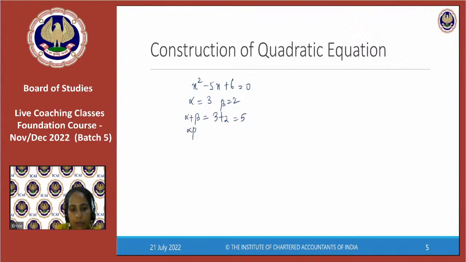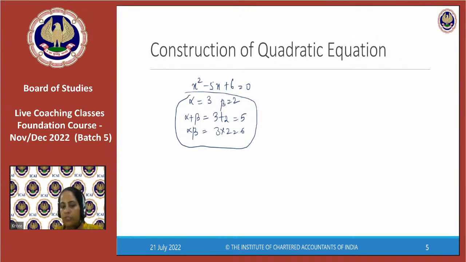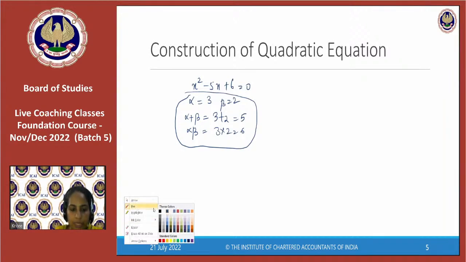We did the product of the roots, that is 3 into 2 equals 6. Now, supposedly I was not given the equation itself, but I had these values. I knew that there will be an equation whose roots are 3 and 2, and I have to find out the quadratic equation. So yes, perfect. A lot of you are already giving me the answer.